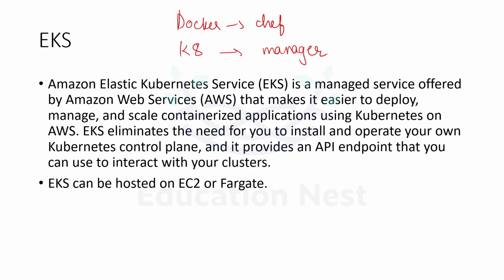So Docker is basically focused on individual containers, how they are built, how they are run, similar to how a chef is focused on individual dishes or how they are prepared. But Kubernetes, on the other hand, is just like a restaurant manager who manages and orchestrates the food service.